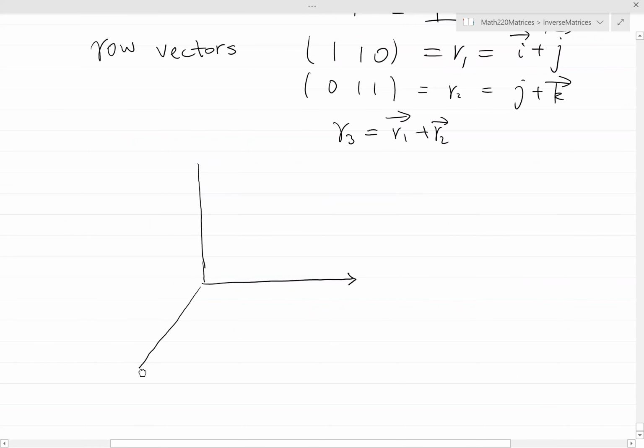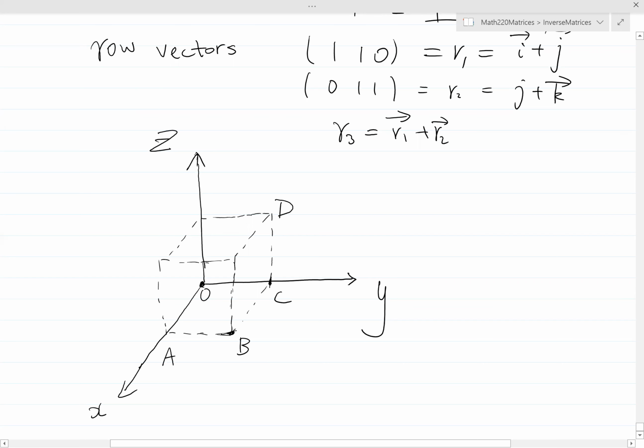Let's plot it with axes X, Y, Z. Suppose we have a unit cube, with O here and the vertices A, B, C, D, E, F.